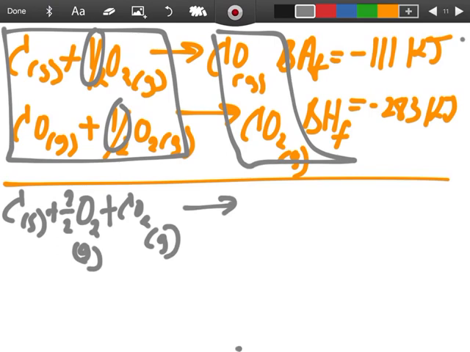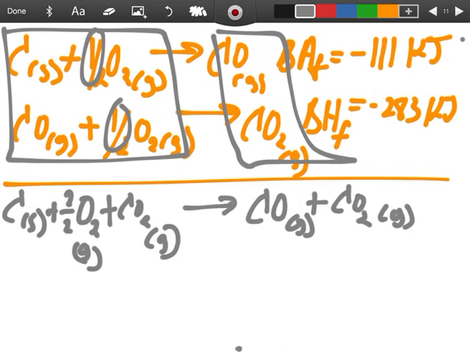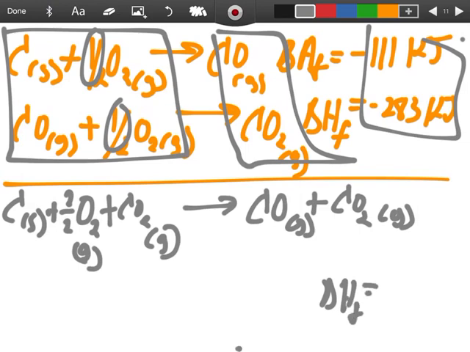And on the other side, I'm going to have CO2, which is also a gas. And if I add these numbers, then the enthalpy of formation is going to be 3 plus 1, 4, 8 plus 1, 9, 2 plus 1, 3, and both negative.